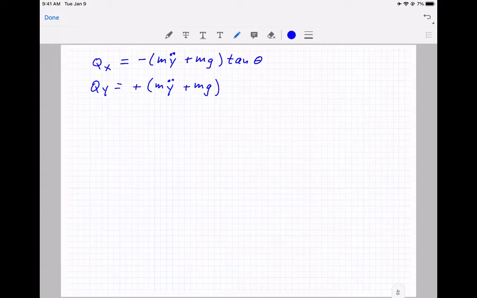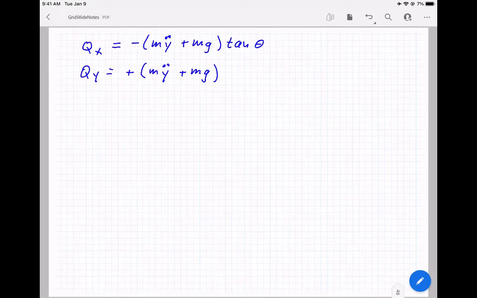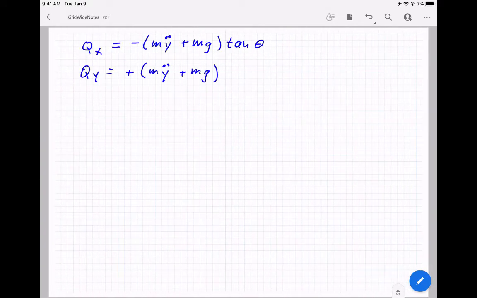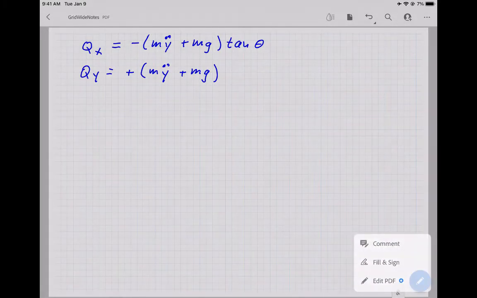and now we can actually plug in for the y double dot, which we did just solve for. So on the last equation here, we have the equation for y double dot. So we just plug that in. Okay.